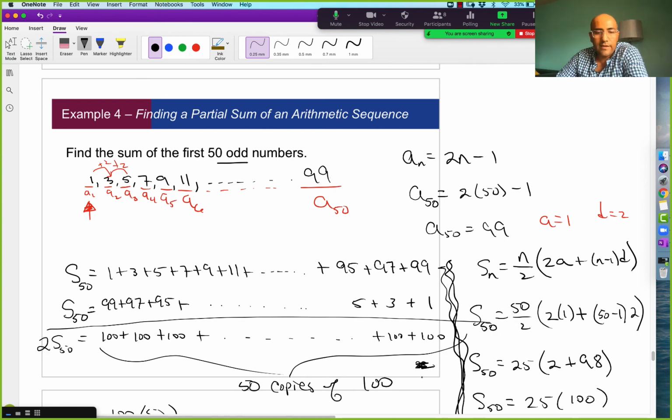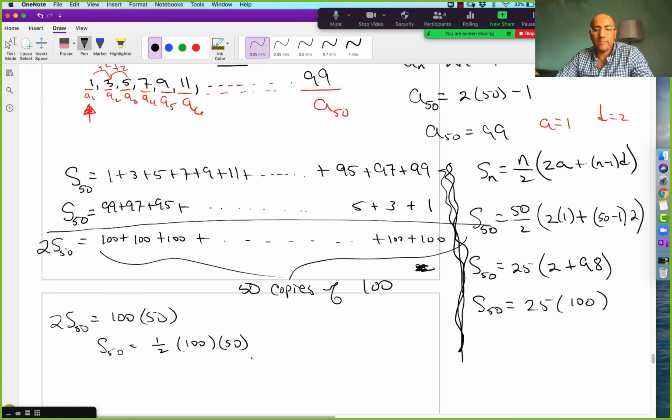And I can already tell that that's going to be the same answer as this one. If I do half times 50, that's 25, 25 times 50. Or S sub 50 is going to be 25 hundreds. Good. Same thing as before when we did it the brute force method over here. It's 2500. Any questions so far?